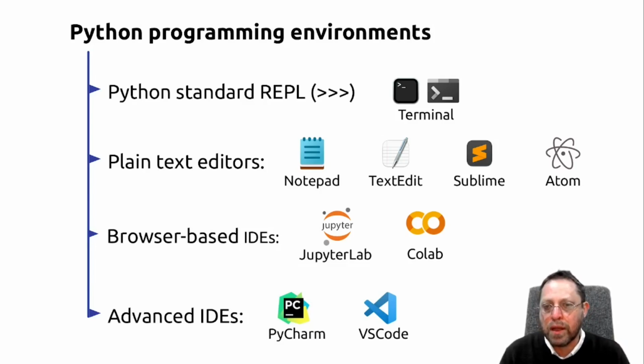IDE stands for Integrated Development Environment, so that connotes that there is additional functionality to this. Jupyter Lab is an online or browser-based IDE, and it's the one that we will use mostly for exercises involving Jupyter Notebooks. So Jupyter Lab is for Jupyter Notebooks.